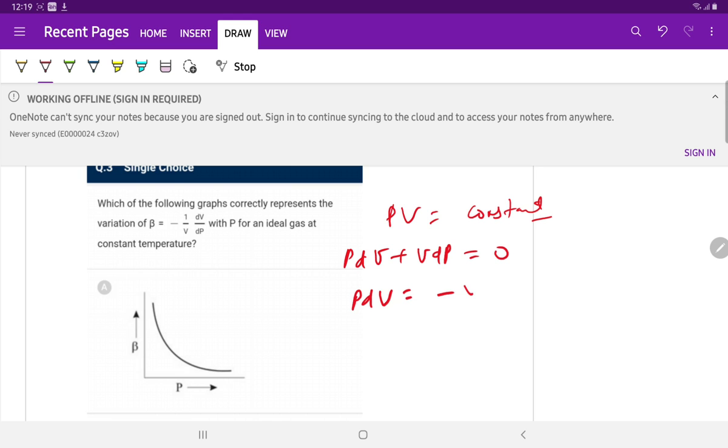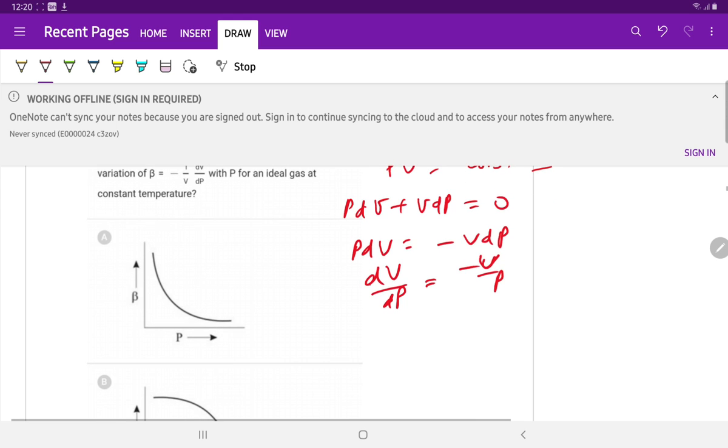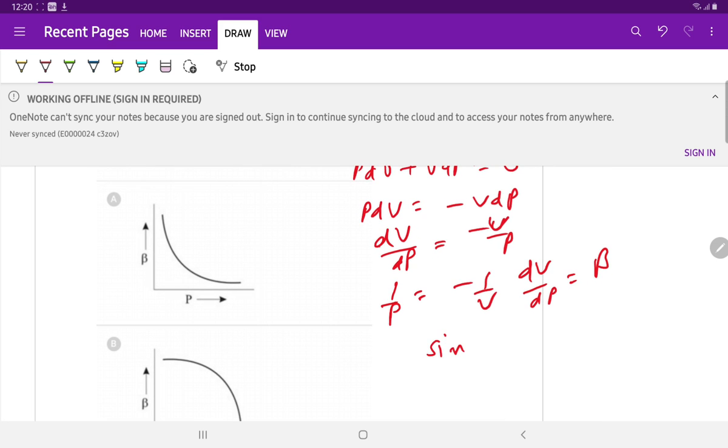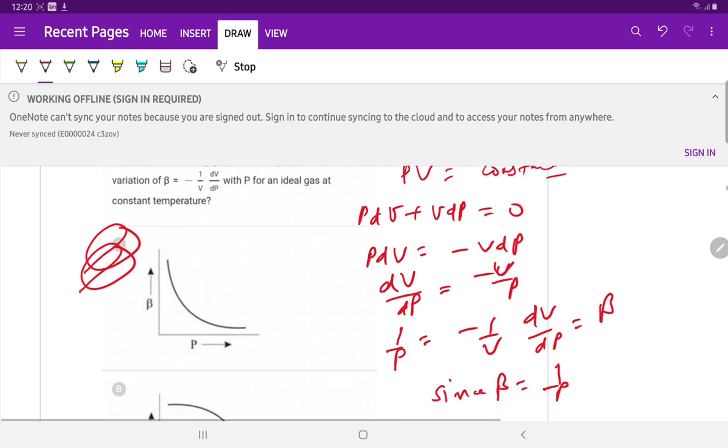PdV is equal to minus VdP. dV by dP is equal to minus V by P, and 1 upon P is equal to minus 1 by V dV by dP, which is equal to beta. Since beta is equal to 1 by P, it is a rectangular hyperbola, which is graph A.